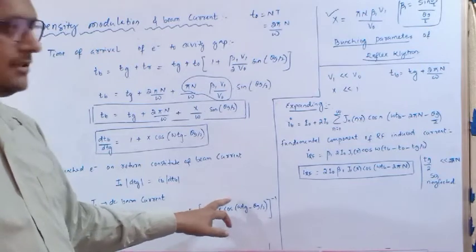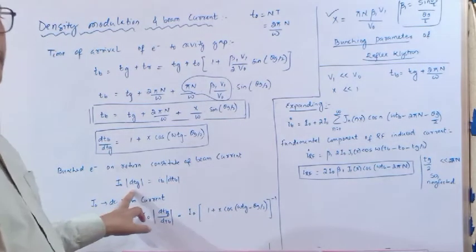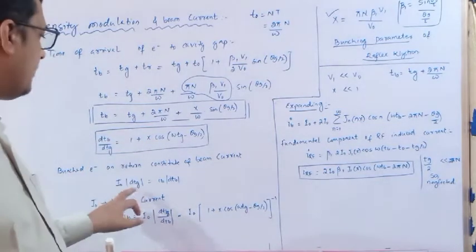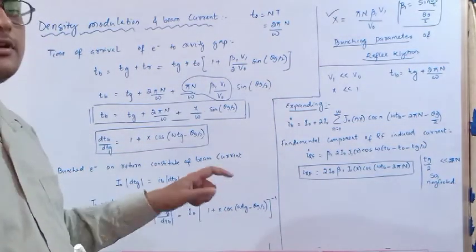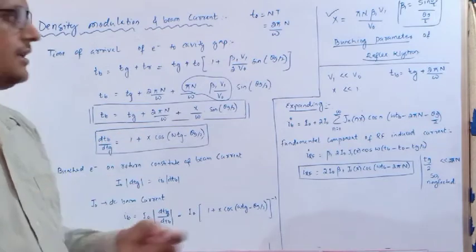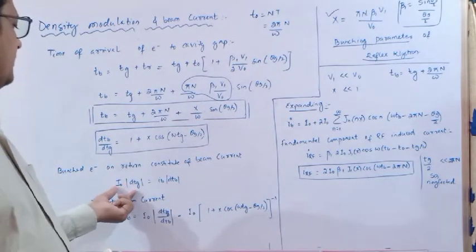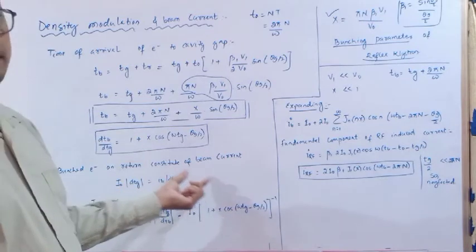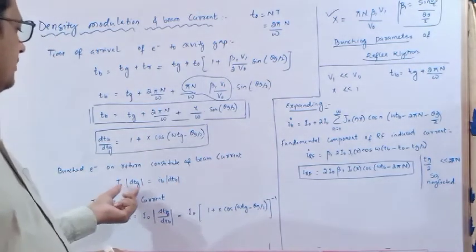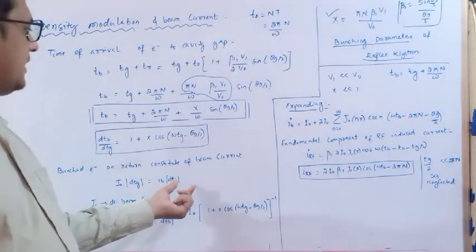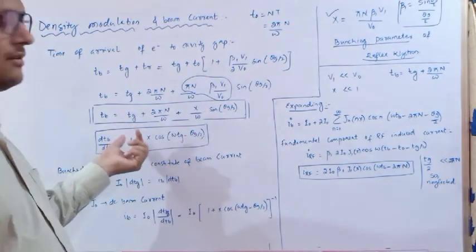And we have a relation: I naught into dTg, where I naught is the DC beam current, is equal to beam current into dTb. So this is a simple relation. Here the total current must be equal. So I naught into dTg is equal to IB into dTb. So dTb is the differentiation of this.